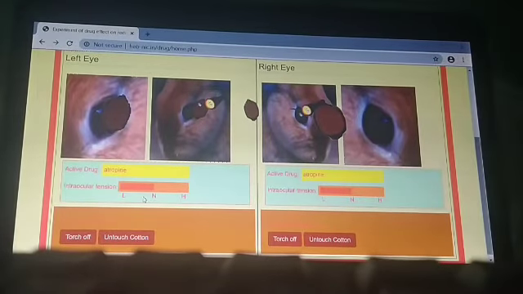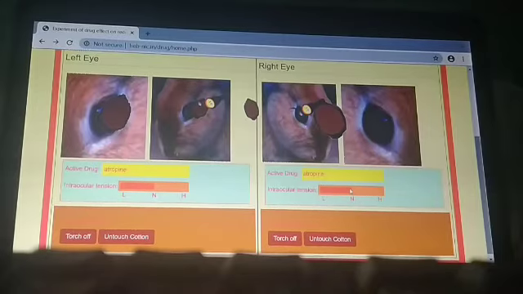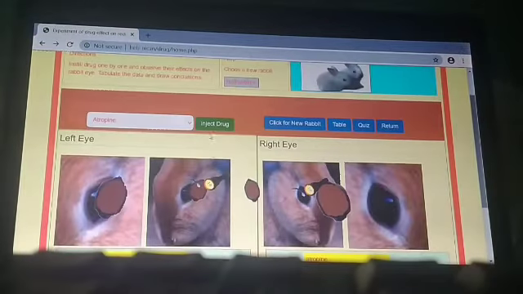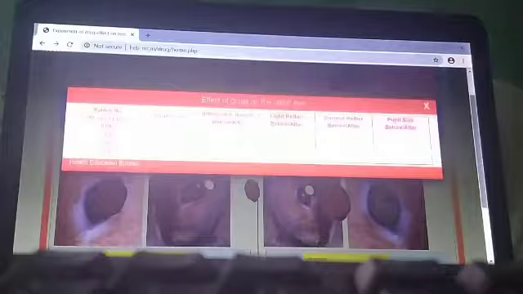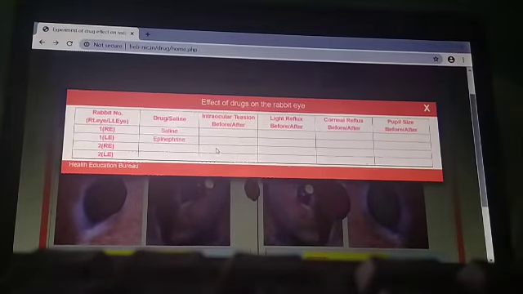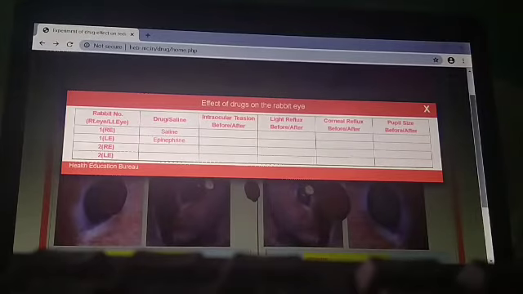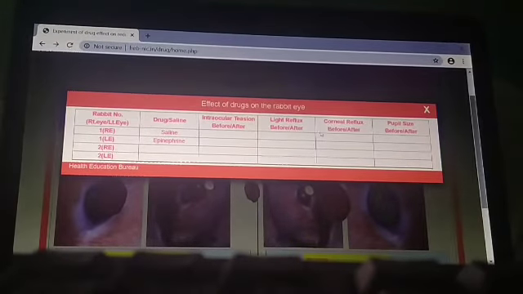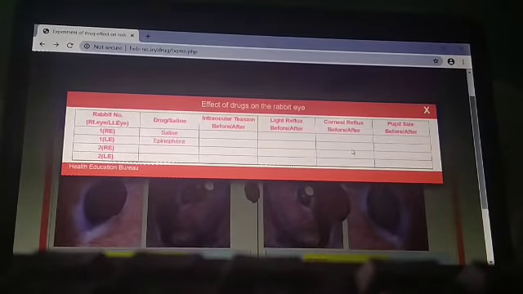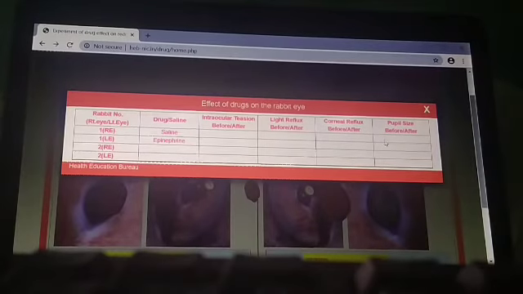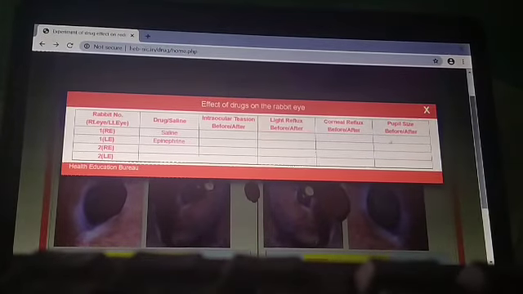And one more thing, the intraocular tension, here it is normal, here also it is normal. So the same thing we have to write here, like atropine, then intraocular tension before was normal, after also normal, light reflex it was normal, corneal reflex normal or absent, pupil size it was normal.